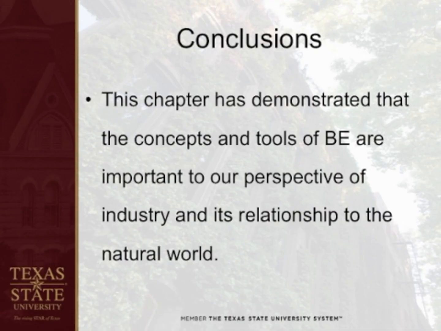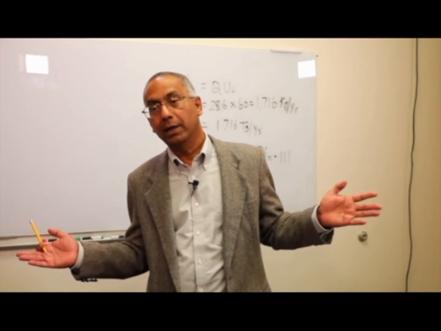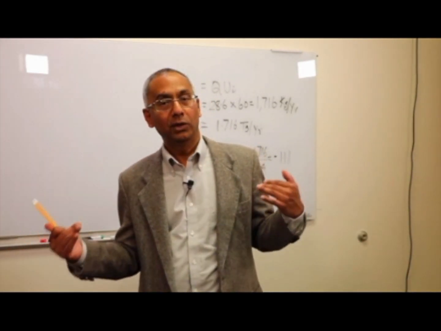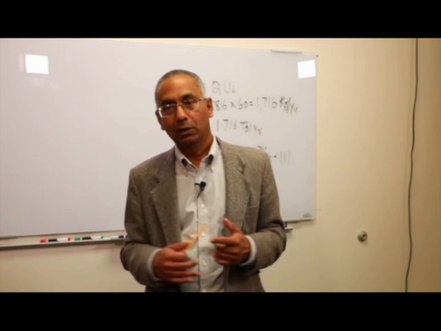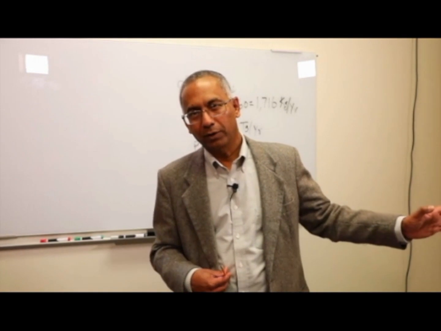So this chapter, to conclude, has demonstrated that the concepts and tools of biological ecology, called BE here, are important to our perspective of the industry. We can learn things, and a key thing is that they are inherently not wasteful, they recycle. So that's what we want to take. Last class gave you a fundamental framework.